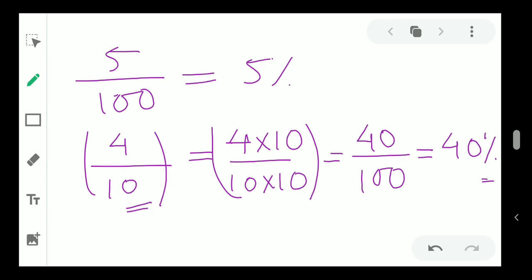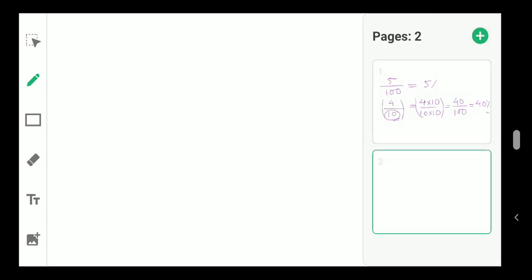So the main thing to remember is that the down part, the total, has to be 100. That means you are counting everything on the basis of 100. Moving to the next thing: how to find the percentage of any number. Say I have 20, and I ask you to find 20% of 20.